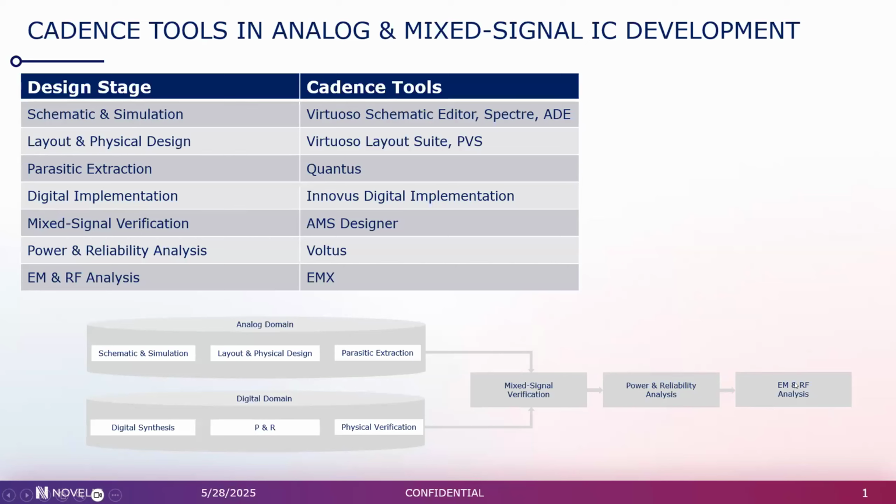We have electromagnetic and RF analysis at the end, but in case of some purely digital or low-speed analog chip or some I2C expanders or things like that, we don't have to really use EM or RF analysis. This is used more for RF products.